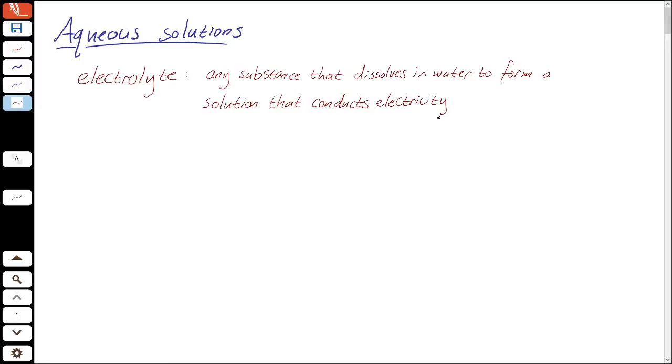So if you dissolve something in water, and then that resulting solution can conduct electricity, that thing is called an electrolyte. Another easier way that we could say this is this is a substance that forms ions in solution. Okay.